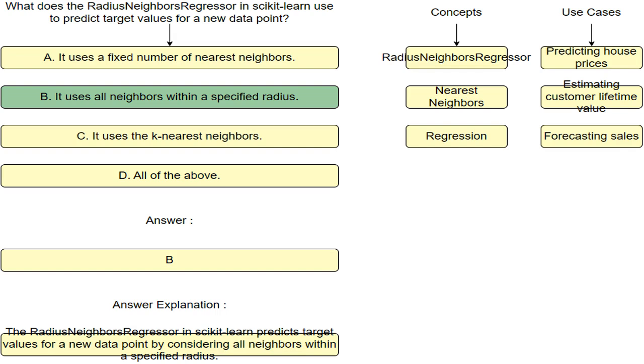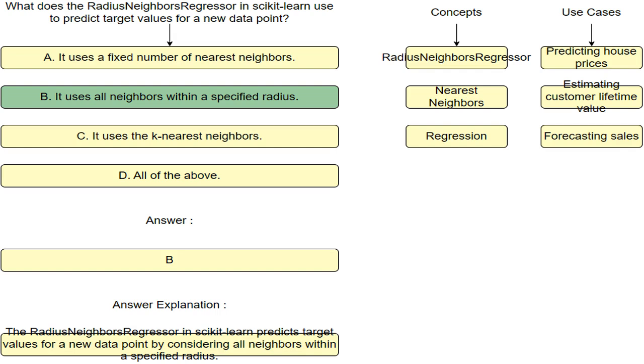The radius neighbors regressor can be used to predict house prices based on nearby houses within a certain distance. This is useful for real estate agents and homeowners who want to understand the market value of their property. The radius neighbors regressor can be used to estimate customer lifetime value based on similar customers within a certain radius of influence.